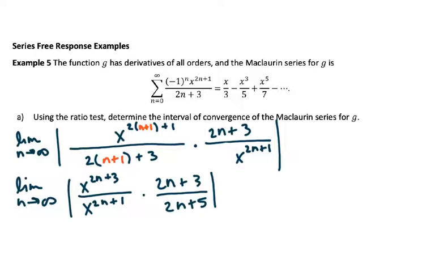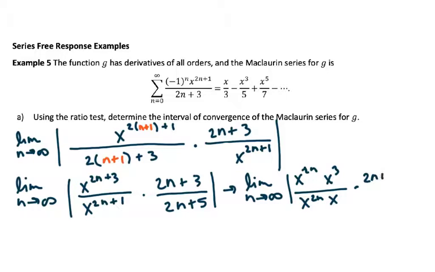If we remember our exponent rules, we know that with the powers of x, they can be separated. And then there's not too much we can do with the 2n plus 3 and 2n plus 5, but that's what the limit is going to address in a moment.